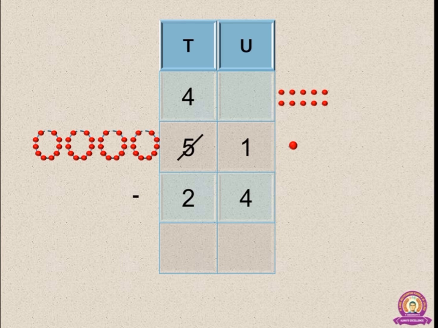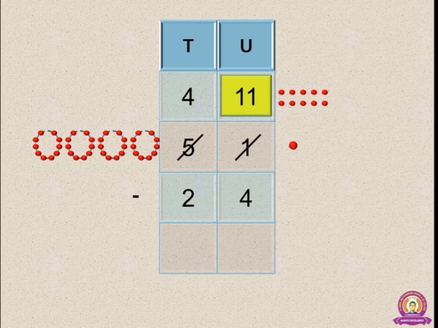Therefore, 10 loose beads plus the 1 loose bead that we already had together becomes 11. So, strike out the number 1 and write 11.